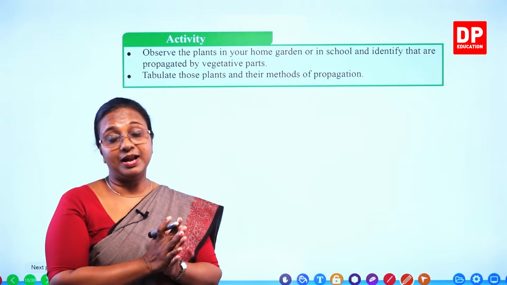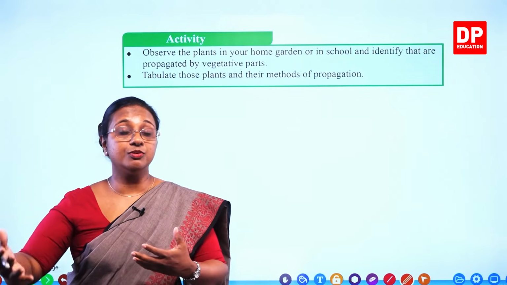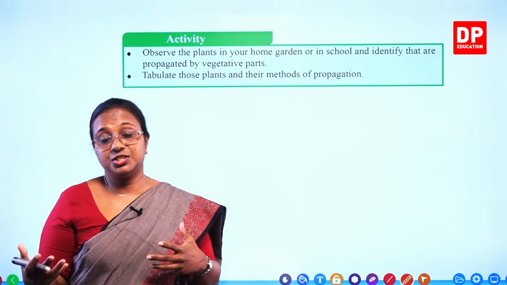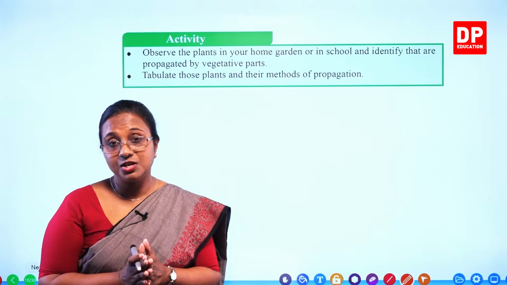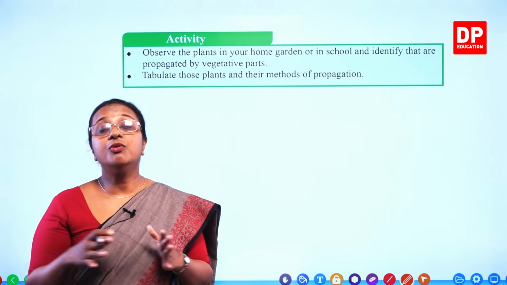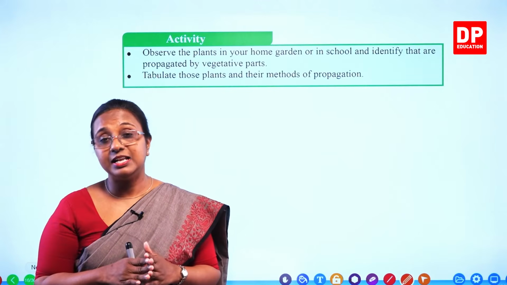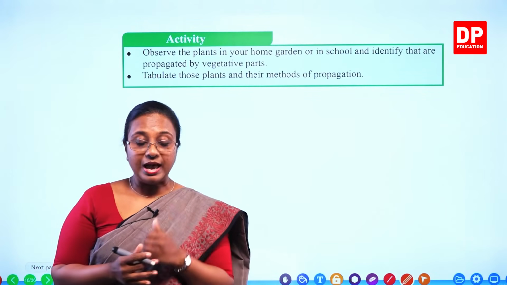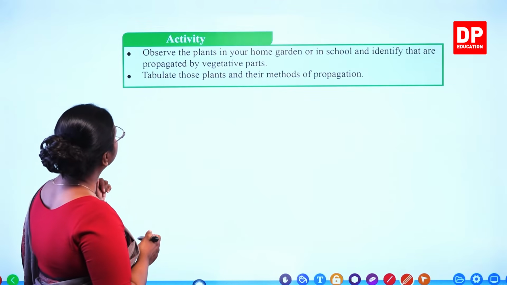If you look at a plant and you see the new plant growing, from the way it grows and from the new structures, you all will be able to identify these different plants. So if you look around your home garden or in the school, you can identify these plants. As examples, I can consider the reproduction.